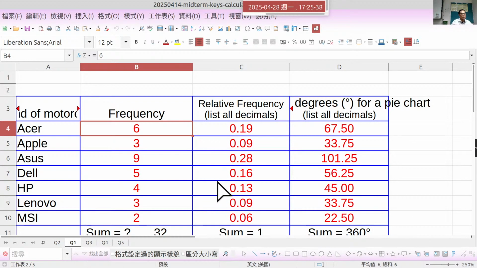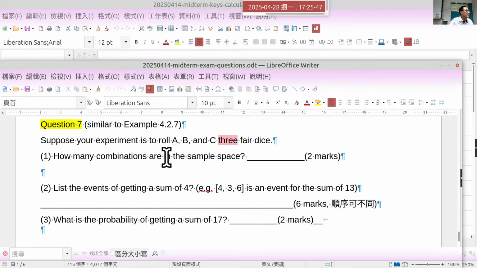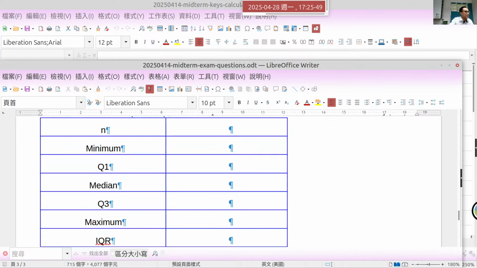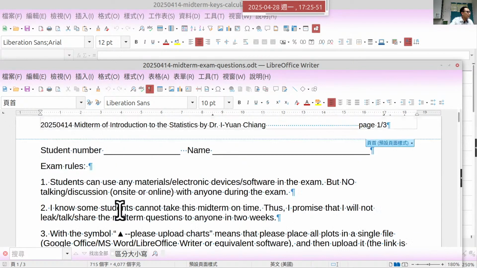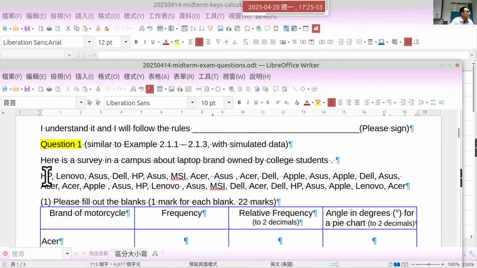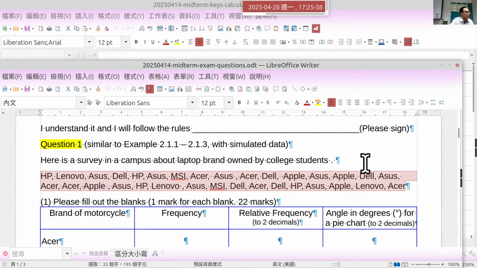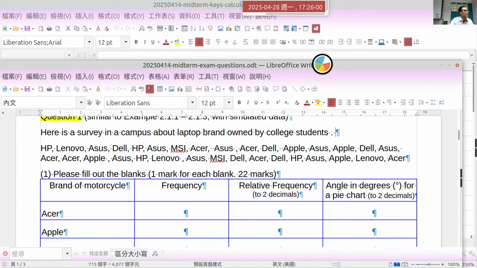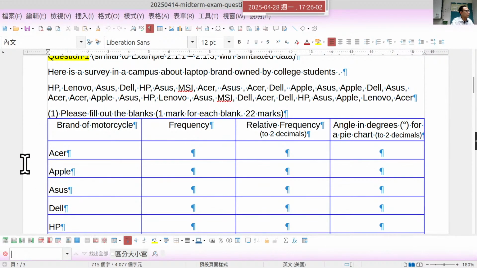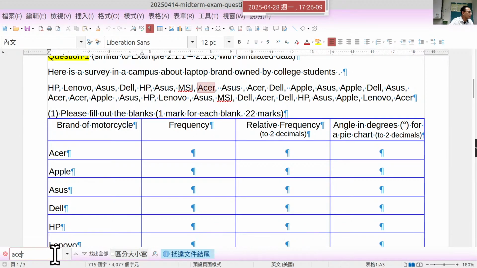The first question, do like this. And let me tell you how to do this one. For me, if you have the chance to get the questions like this, just select the range, and here, or you can do that, Control F to find Acer, then get that.